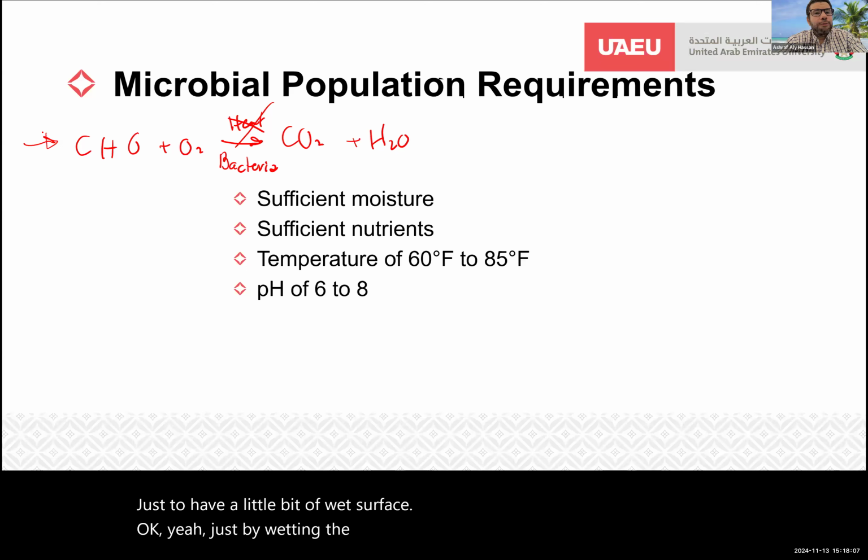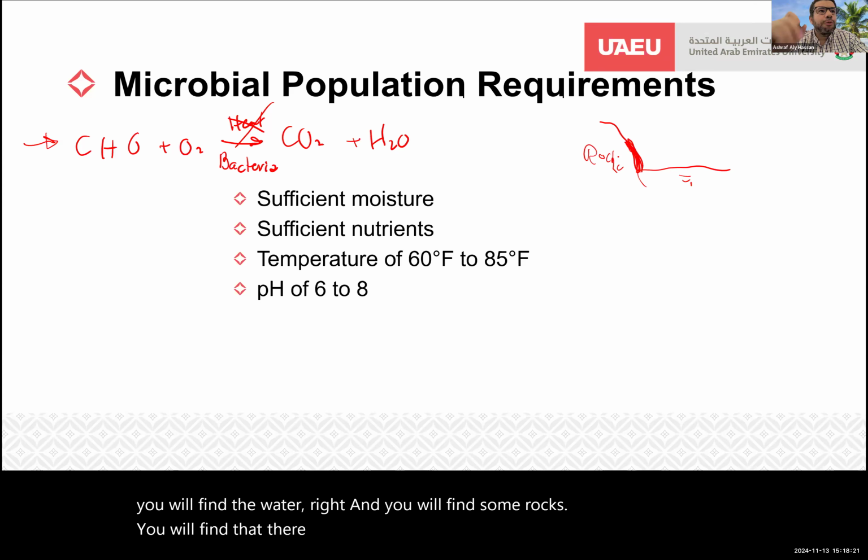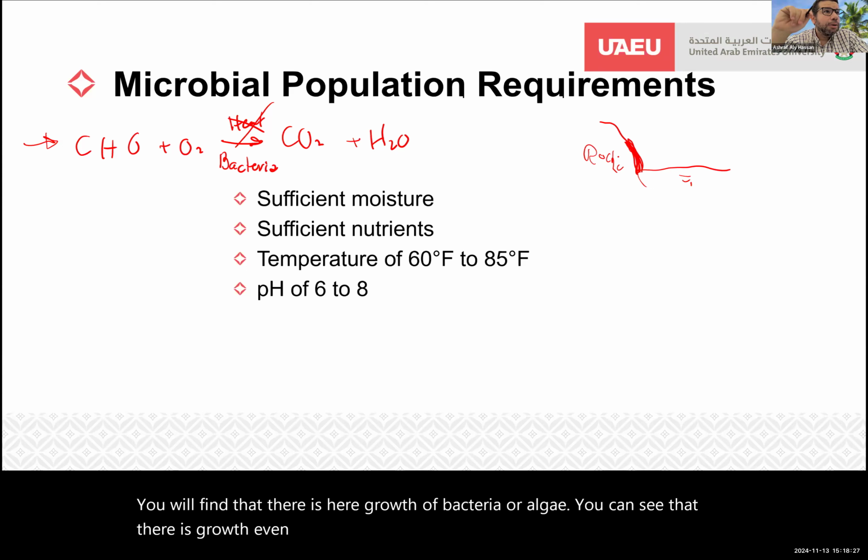So if you, for example, see in any beach, you will find the water, right? And you will find some rocks. You will find that there is here growth of bacteria or algae. You can see that there is growth even above the water.